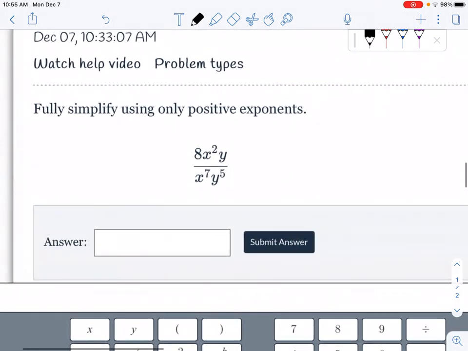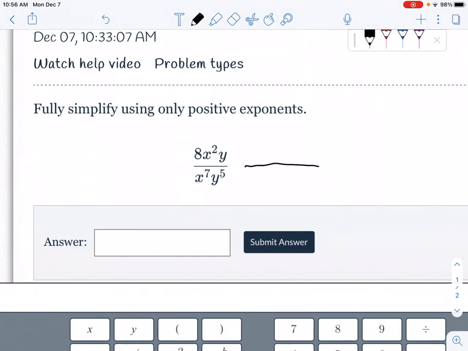So dividing powers, all we really have to do is subtract. We're going to subtract big minus small, and then write our answer on either the numerator or the denominator, so the top or the bottom, depending on where the bigger x or y value was, wherever the one that had the biggest exponent.